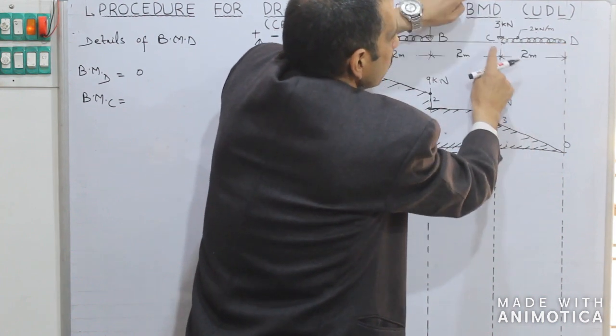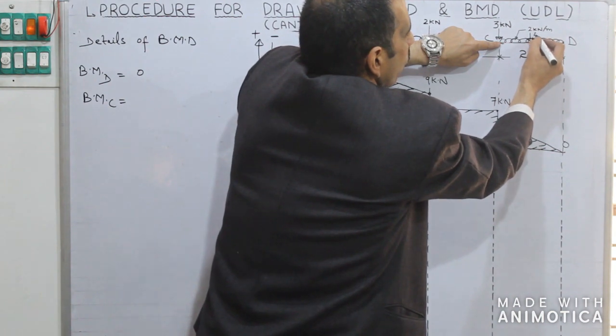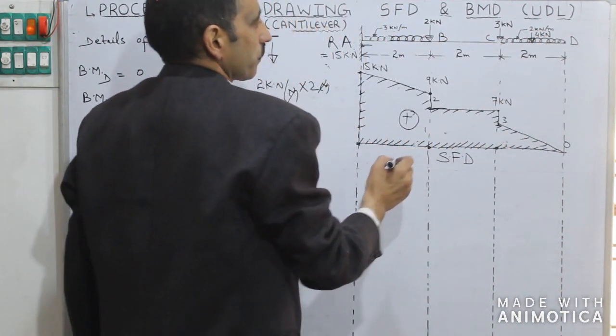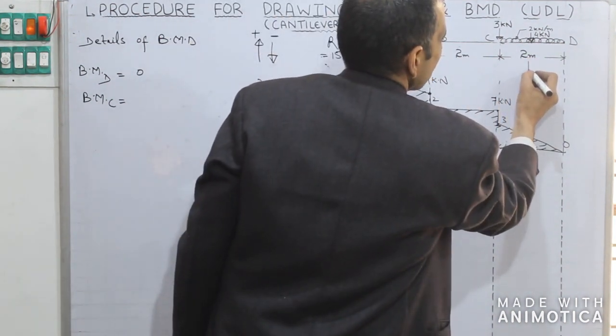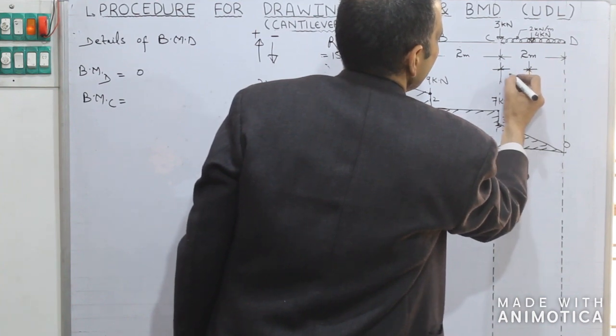The particular portion is C to D. It will act at the center. It is 4 kilonewton, right? That means the distance from that point to point C is 1 meter.